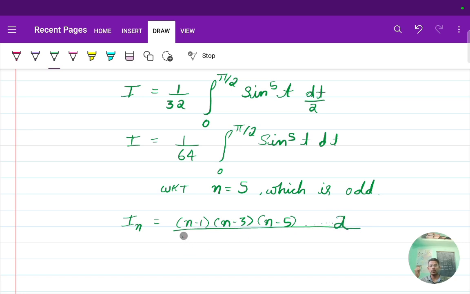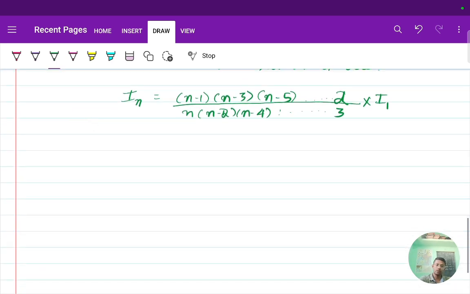So (n minus 1)(n minus 3) so on up to 2, divided by n(n minus 2)(n minus 4) so on up to 3, into I1, right? The last integral, when n is equal to 5, that is odd, should be I1, right? So we get I1 here, and also we know the value of I1, right?